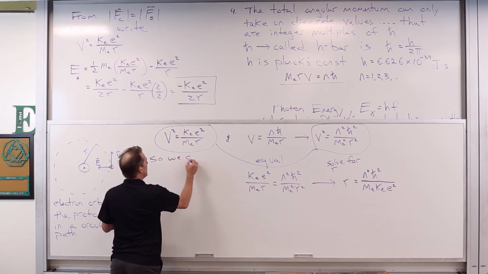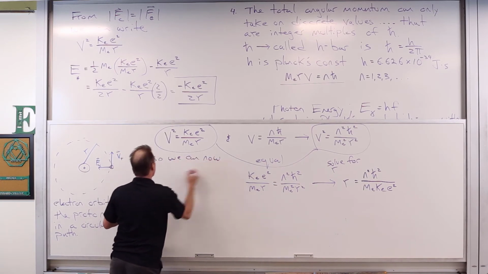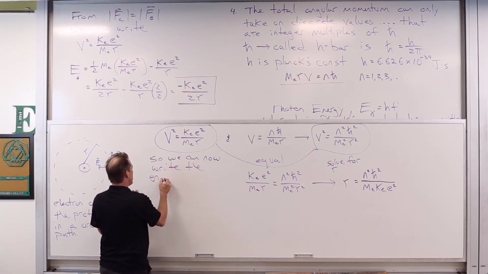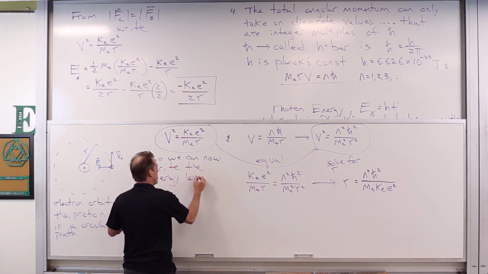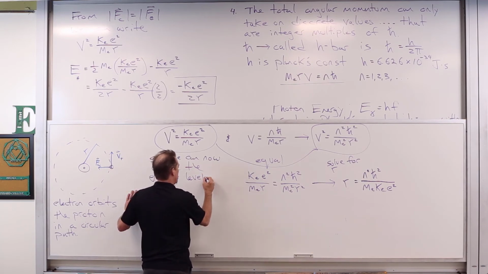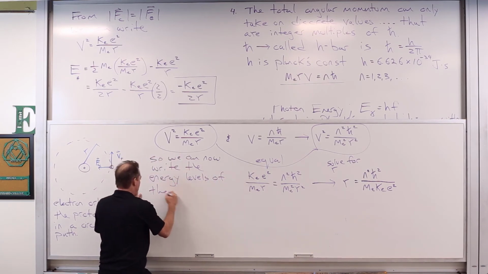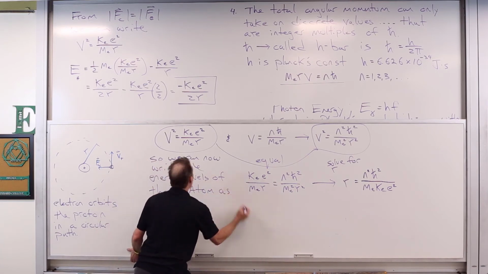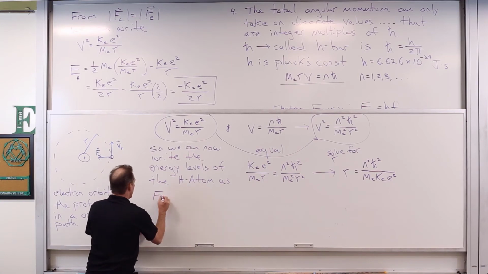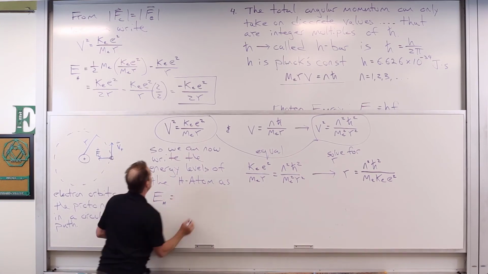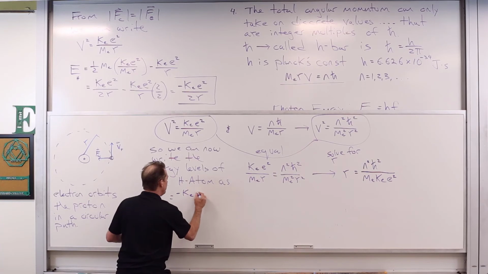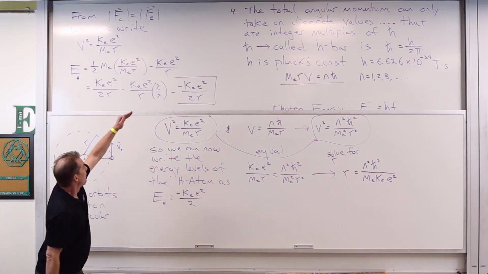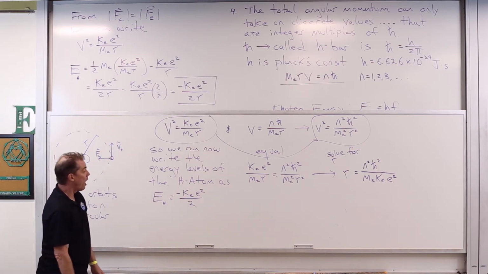So we can now write energy levels of the H atom as E sub H is equal to negative k sub e, e squared divided by 2, multiplied by 1 over r.